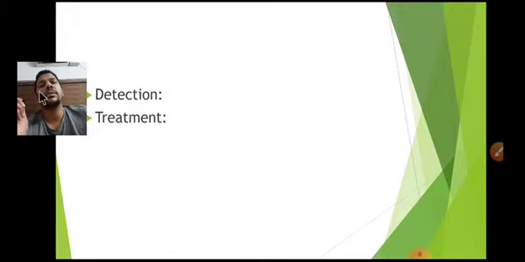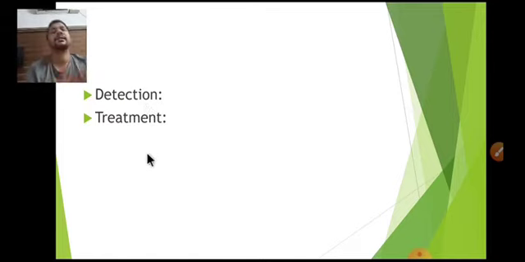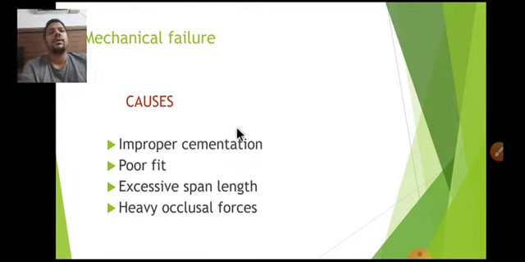Now, how will you detect the failures? If these failures happen, there will be loosening of the restoration from the prepared tooth. If there is loosening, it will be slightly mobile clinically. If it is very obvious, that is fine, then you can appreciate it.